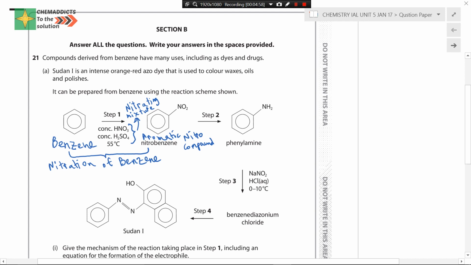Let us move on to the second part, or step 2, of the reaction scheme. In step 2 we can see that we have converted nitrobenzene to phenylamine. For that we need to carry out the reduction of nitrobenzene. Sorry for my handwriting, fellas.